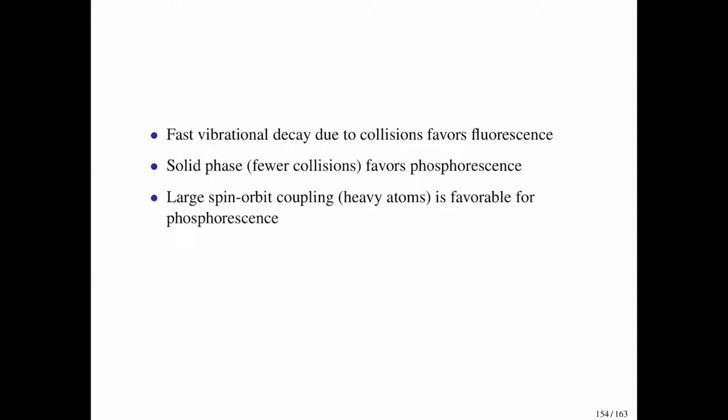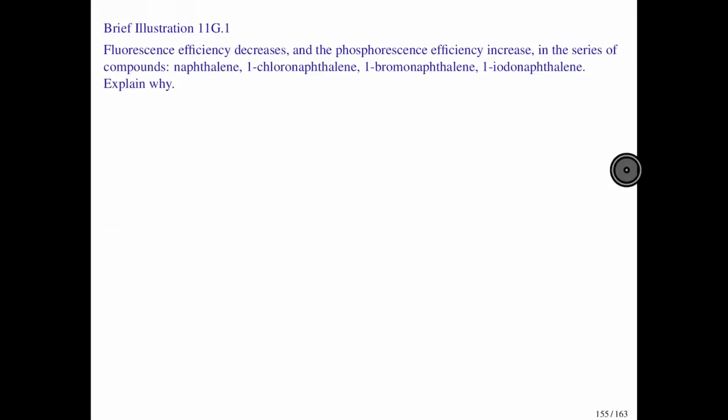Another type of situation where phosphorescence would be favored is when you have large, heavy atoms in your system. This tends to increase the spin-orbit coupling, which is necessary to have intersystem crossing. And so that'll make the intersystem crossing more likely, and phosphorescence will be more favorable in those situations.